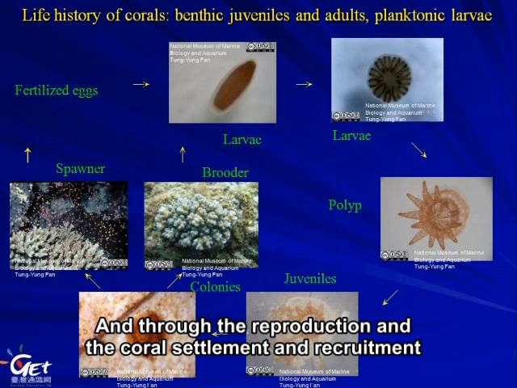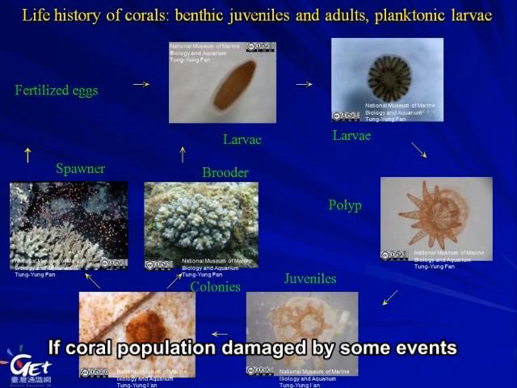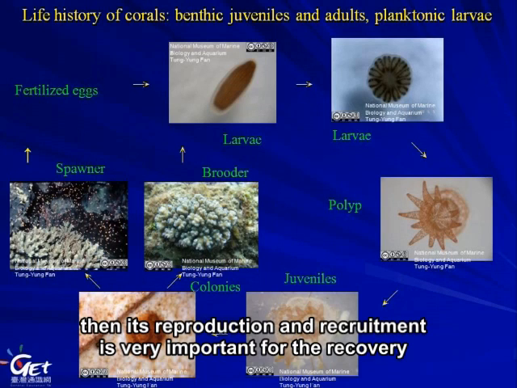Through reproduction, coral settlement and recruitment, this is the major force to repopulate the coral population. So if a coral population is damaged by some events, then reproduction and recruitment are very important for the recovery.